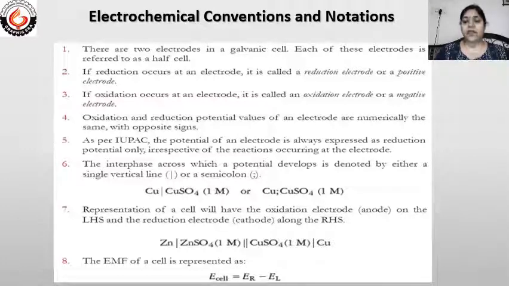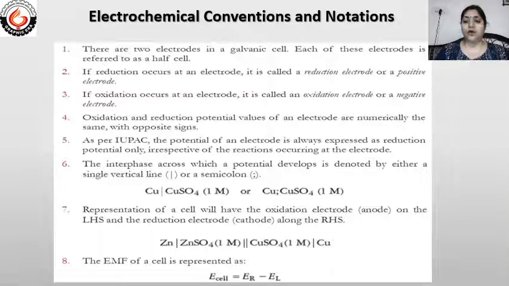Like if the value for copper is 0.34, as given in the electrochemical series in positive, it has a tendency for reduction. But if we want the oxidation potential value for copper, it will become minus 0.34.